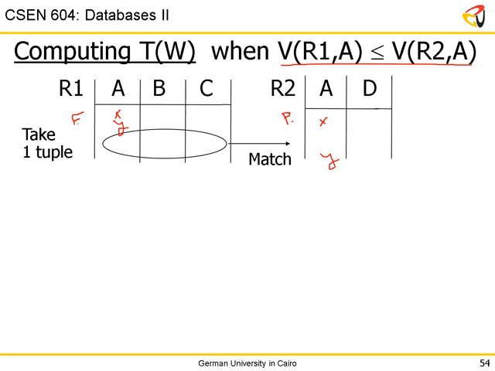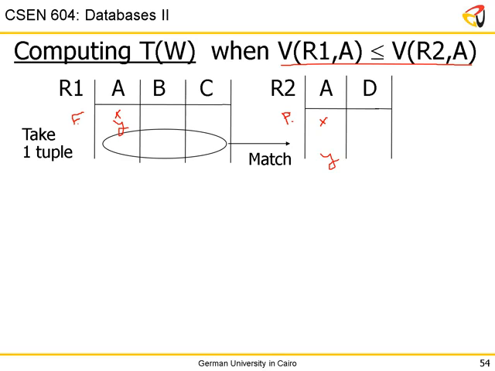When the number of unique values in R1.A is less than or equal to the number of unique values in R2.A, what does this mean? This means this is the foreign and this is the primary, because the number of unique values here could be less than what's in here. So this has to be the foreign and this has to be the primary.